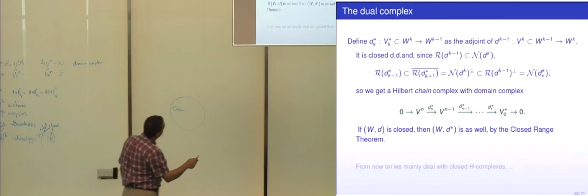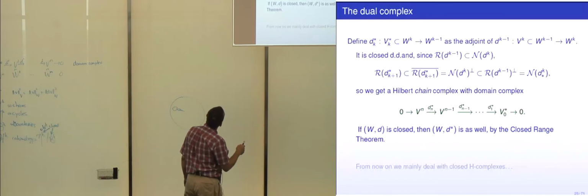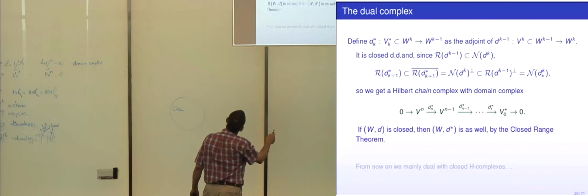Now, we have this sequence of spaces with the D stars going the other way, and it's now a chain complex with the indices going down. There's a typo here, damn. That should say V star n minus 1, and V star n.